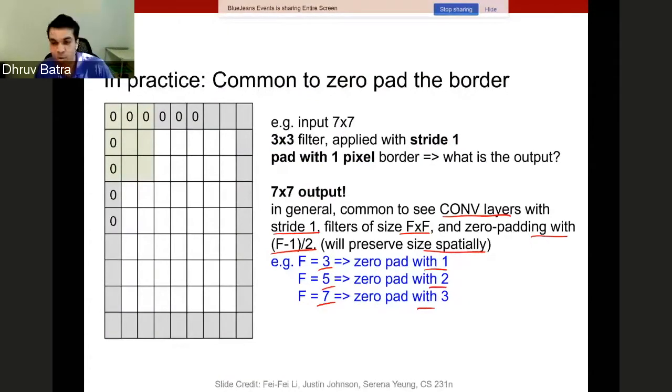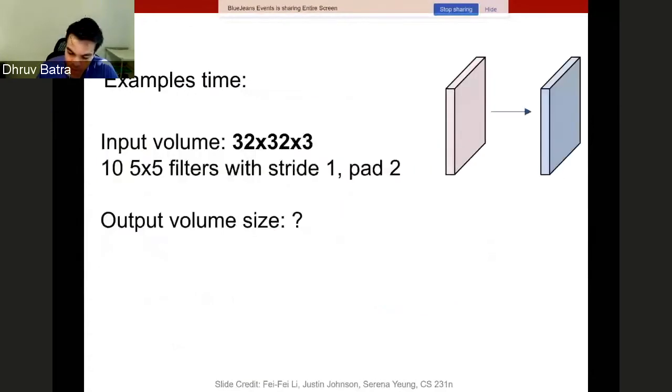Okay. Example time. Let's do this as a question. Let's say I have an input volume which is 32 by 32 by 3. So here are the spatial dimensions: 32, 32, and the channels, 3. This is C1, and I have 10 5 by 5 filters with stride 1, pad 2. And so the question is, what are the spatial dimensions and channel dimensions?